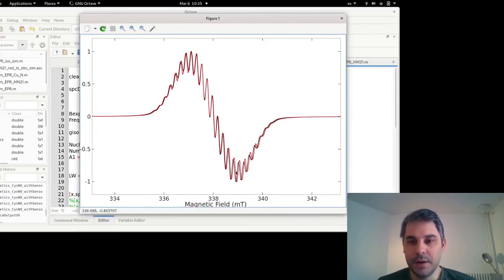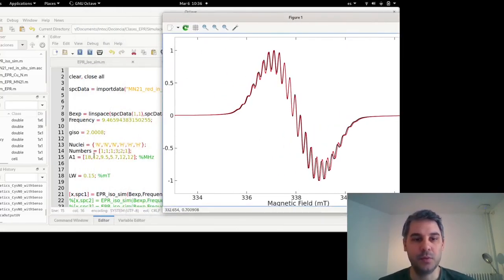In here, I am not getting a perfect simulation because for doing that I would probably need to play around more with the parameters, adjust the values more precisely, or do least squares fitting. What I usually do is first simulate the spectrum to get as close as I can manually, and then use those values, all these A1 values, as the starting values in a least squares fitting.